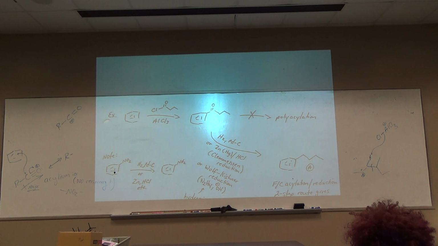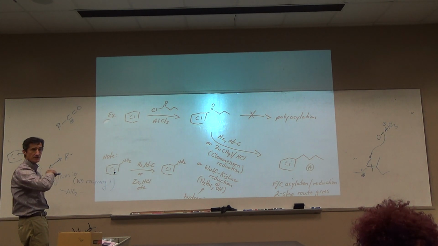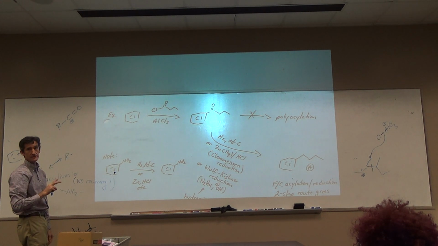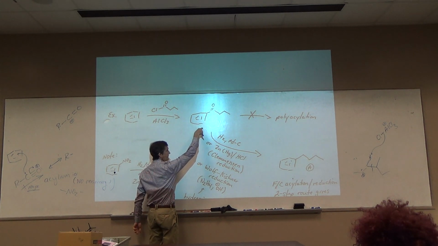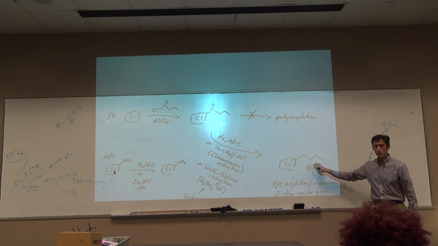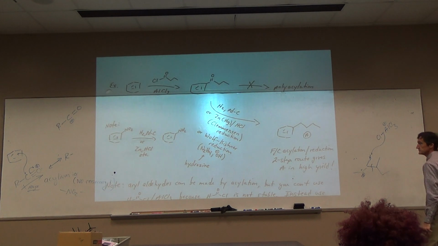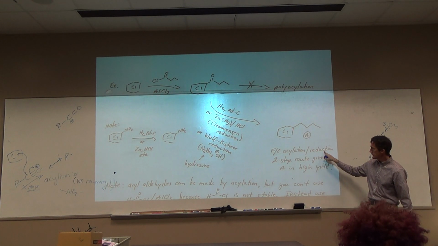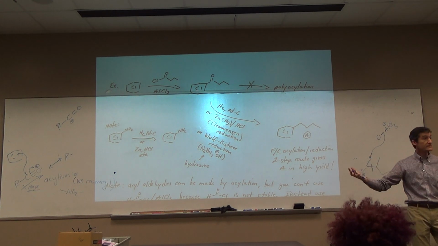So no polyacylation, no rearrangements. Acylation is a much better reaction. And compound A can be made in a much higher yield by this two-step process. Acylation followed by reduction. Much better way to get an alkyl group on. Acylation followed by reduction, a two-step process, gives a higher yield of A than the one-step alkylation.